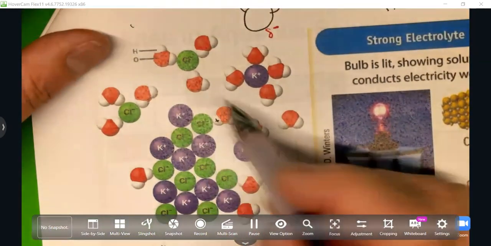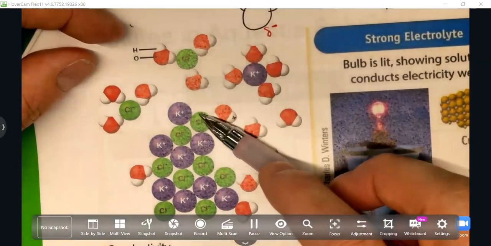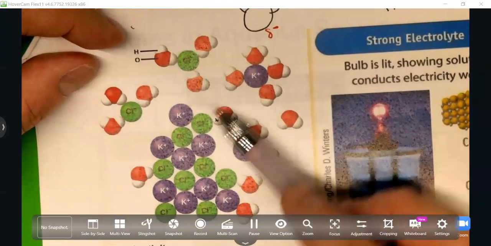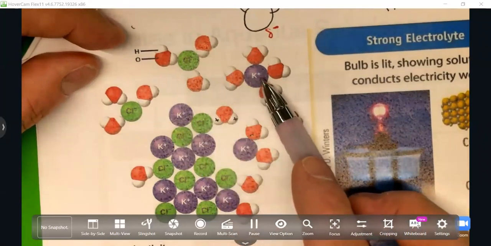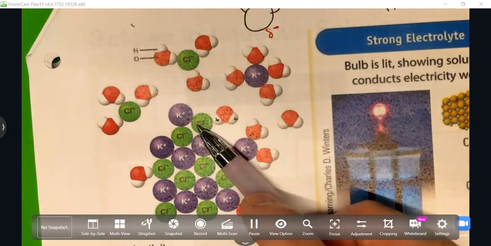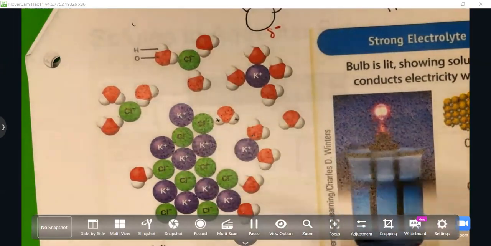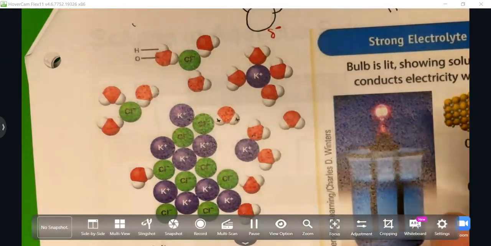And as that's moving around in there, if water has the ability then to pull these apart, then we say that this compound, potassium chloride, is soluble or it dissolves. If water does not have the ability to pull these attractive forces apart, it's insoluble and does not dissolve.